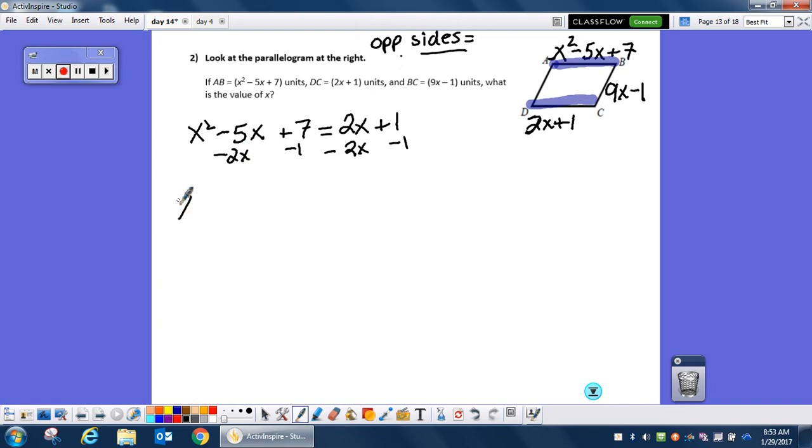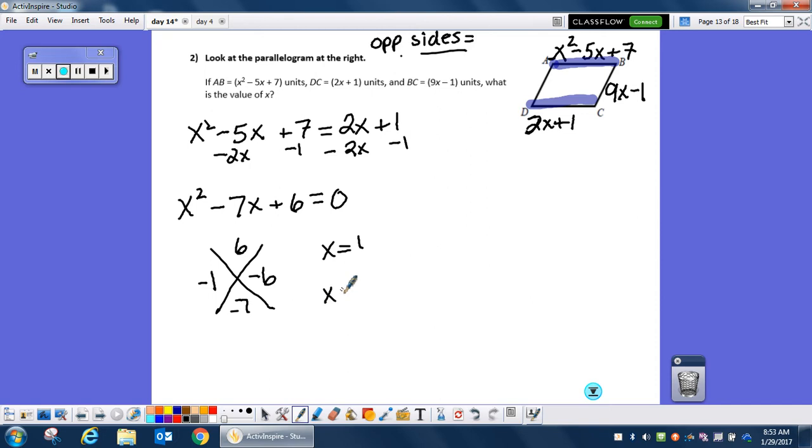So then from here we get x squared minus 7x plus 6 equals 0. And this can be solved with simple factoring. So if we want to multiply to 6 but add to -7, -1 and -6, so x would equal 1 and x would equal 6.